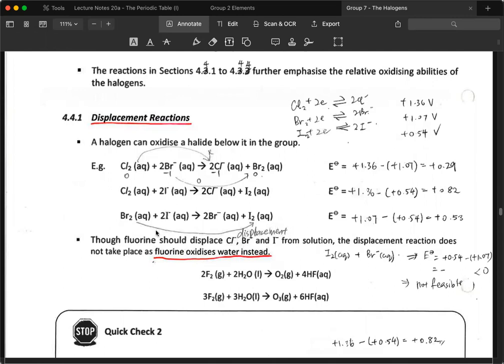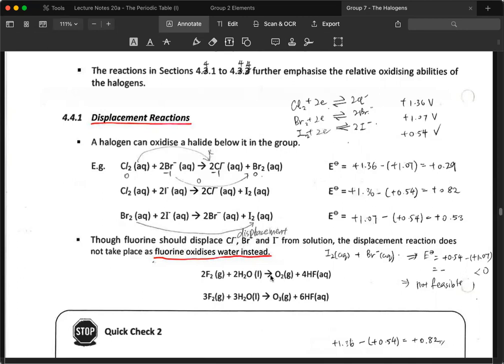But the displacement reaction does not take place. By right, fluorine can based on the E0 value, but it doesn't happen because fluorine will react with water instead.